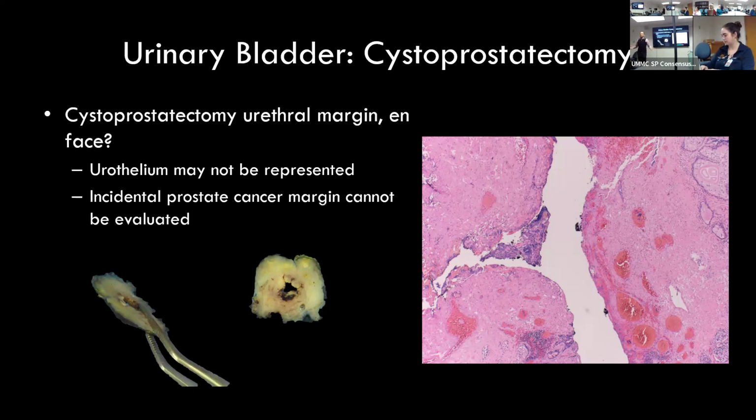You're not gonna see it. You're not gonna be able to evaluate it at all. So this is a wrong method of doing it for both incidental prostate cancer and for the primary purpose of evaluating the urothelium at the urethral margin. So the question is how to do it better, okay?